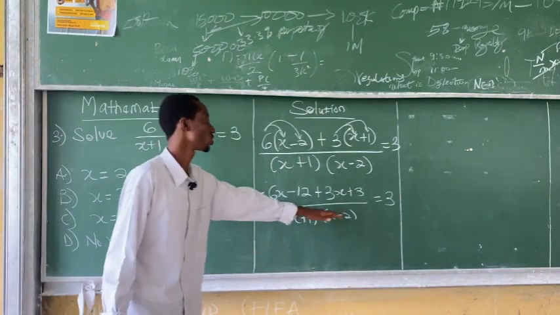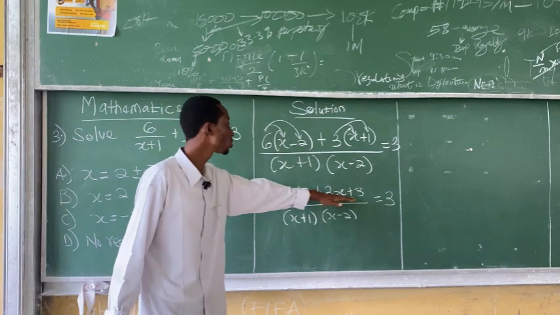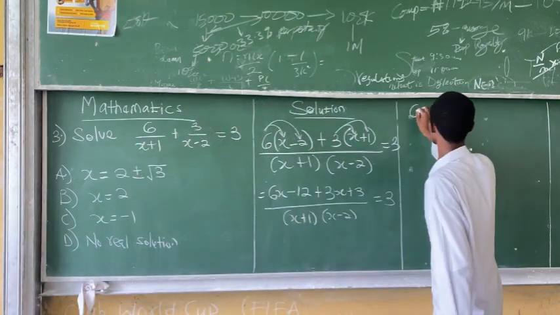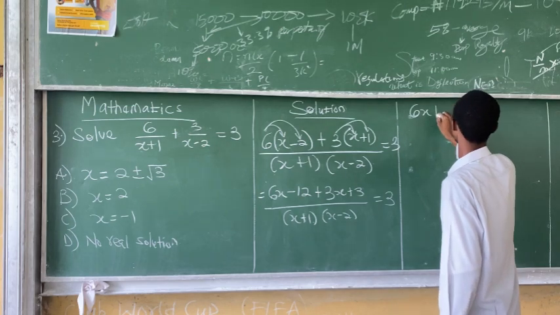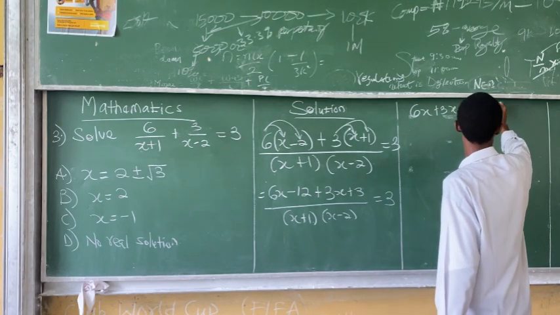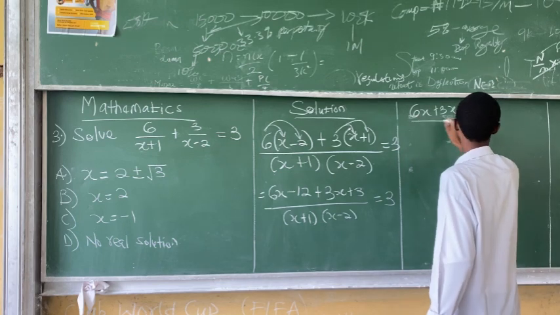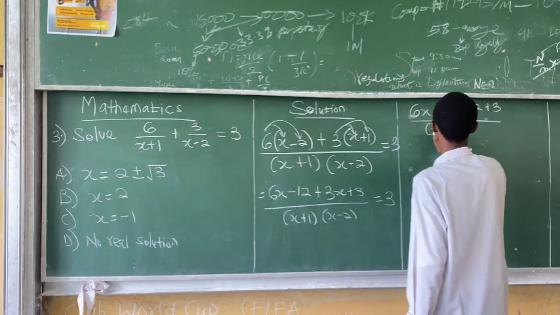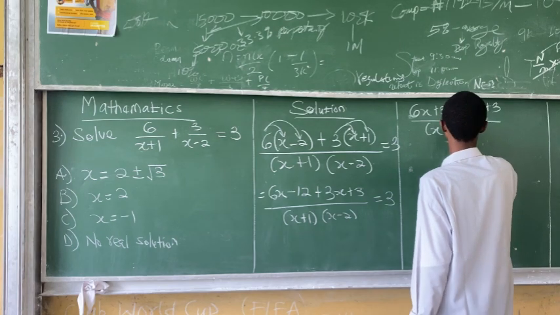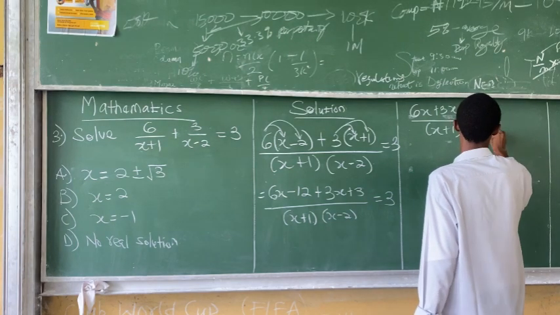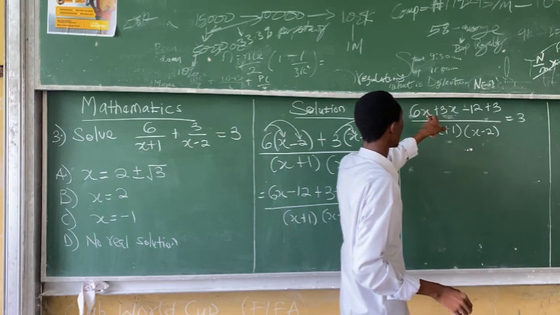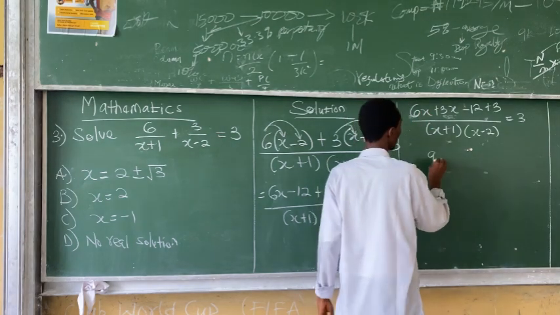We have gotten to this point, right? Let's simplify this numerator further. If we collect like terms, you have 6x plus 3x minus 12 plus 3, all divided by x plus 1 into x minus 2 is equal to 3. 6x plus 3x will give us what? 9x.